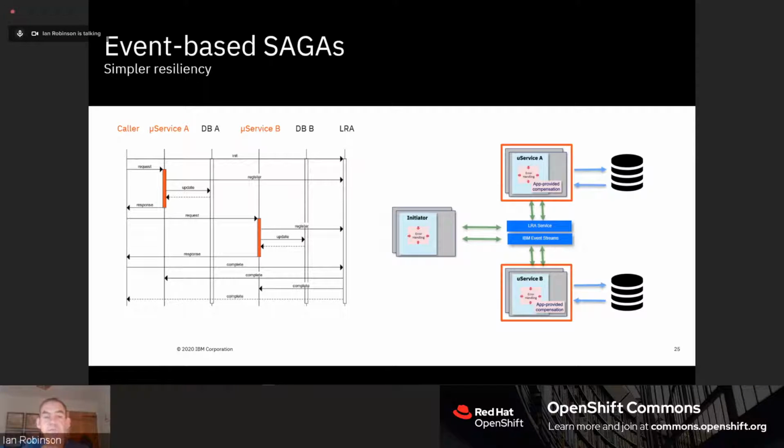The advantage, or one of the advantages, of a more event-based model is that not only are the microservices themselves more scalable and responsive through the adoption of a reactive programming model and an event-based interaction mechanism, but the failure window, the likelihood of the overall transaction needing to be compensated, is reduced now simply to the duration of the individual transaction participant.